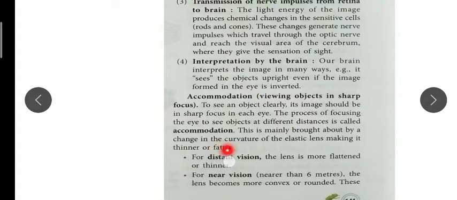Based on the changes in the elasticity of the lens, we can find out the correct picture of the object. So for the distance vision, underline this line, the lens becomes more flattened or thinner. And for the near vision, nearly up to 6 meters, the lens becomes rounded, convex, or you can say thicker.